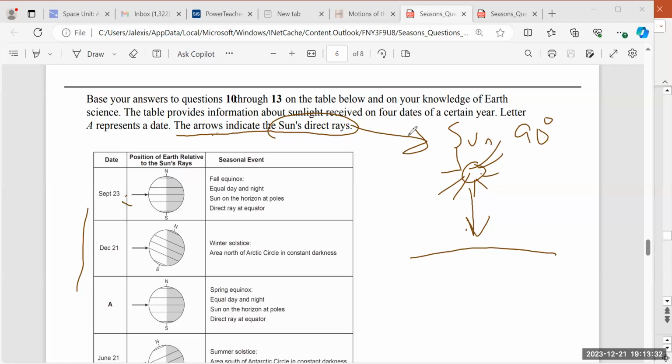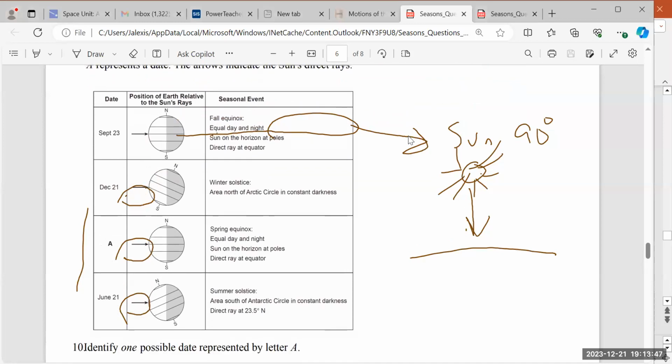So they're saying that this happens at different locations throughout the year, right? So at one point, September 23rd, pointing at the equator. At December 21st is pointing at 23.5 degrees south. At date A, at the equator again. And at June 21st, it's pointed to 23.5 degrees north.